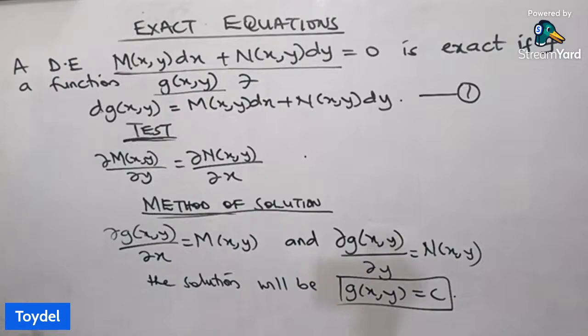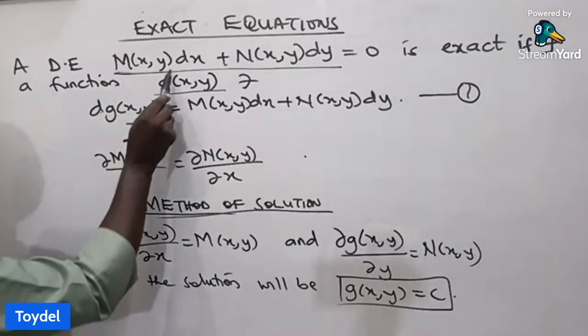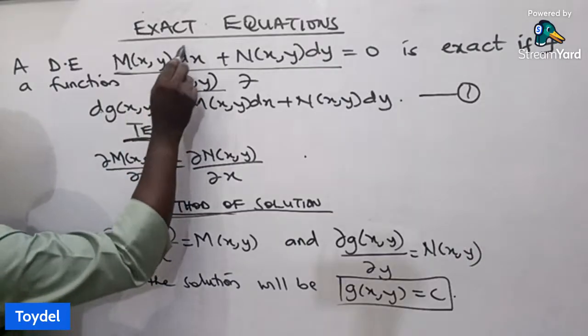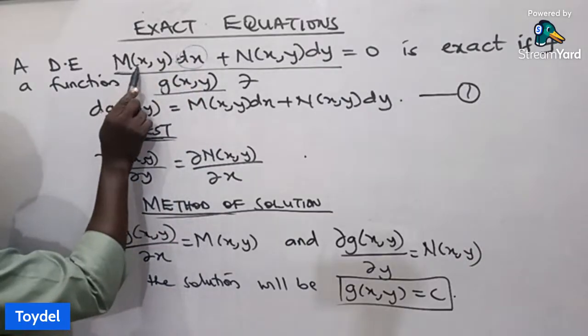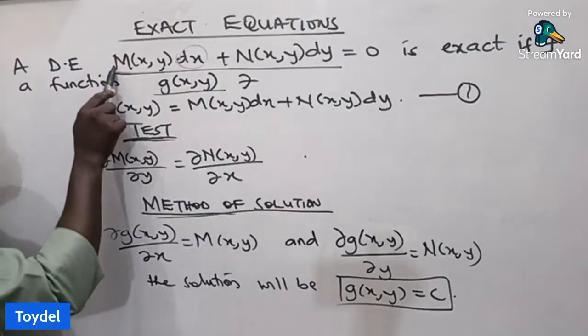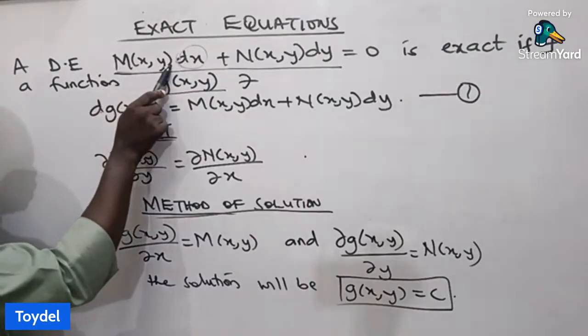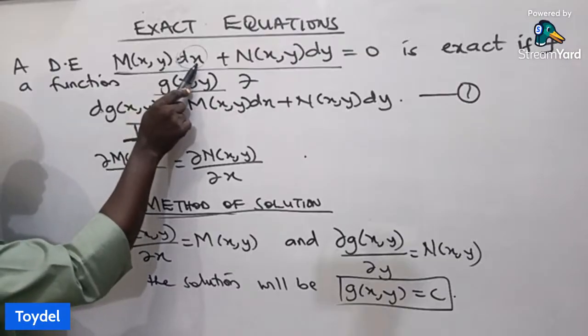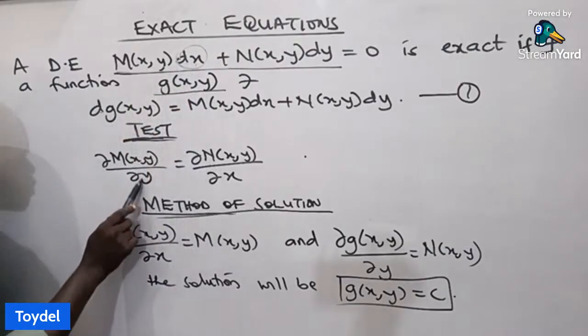So how do we test for exactness? How do we know if the first order differential equation is exact? What we have beside the dx here is M(x, y). We differentiate it partially with respect to y.